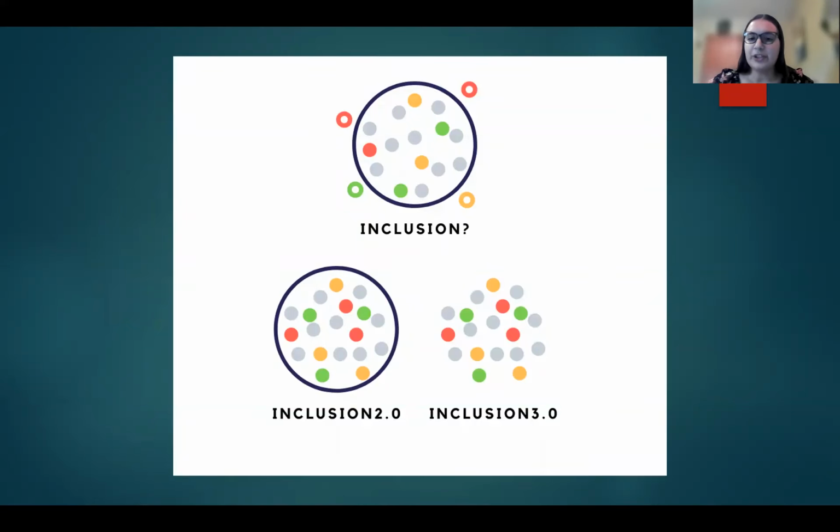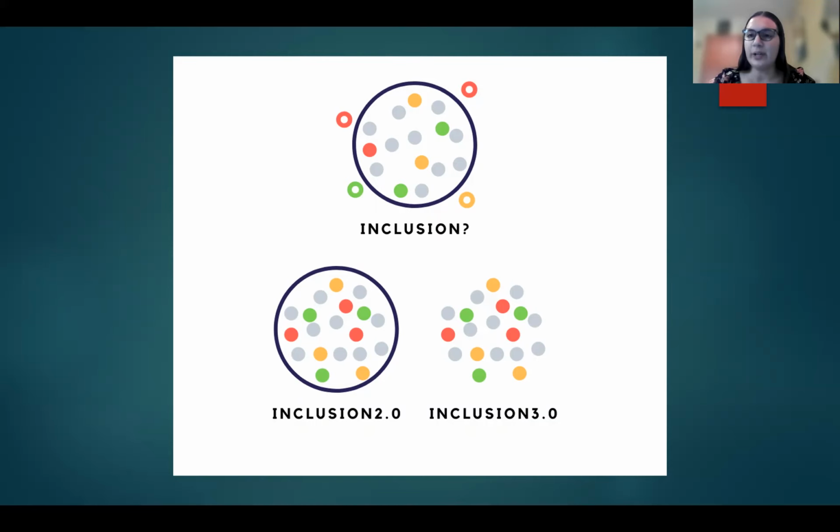I just want to close by showing this picture of something that used to be inclusion, or not really inclusion, when students with disabilities were excluded in the first diagram from the participation in the circle. Now, Inclusion 2.0 shows that those students are now integrated and part of the community of learners.